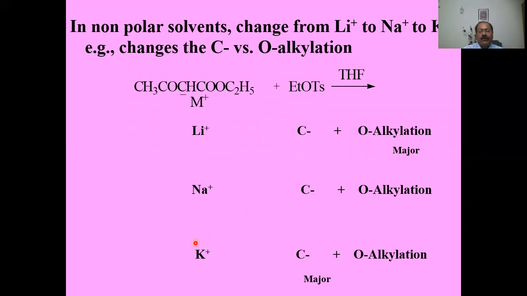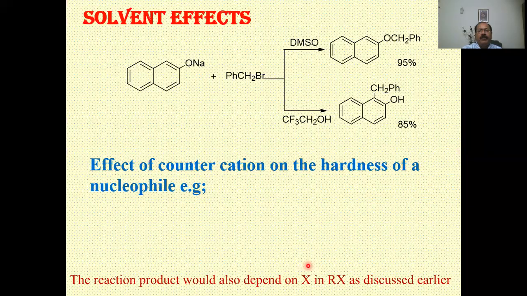And the softer is potassium, and therefore the softer end here will be carbon, which is available and undergoes major C alkylation. So we can see that the alkylation depends on a number of factors. Even the counter cation matters, the solvent matters, and the leaving group matters. And this can be explained via the hard soft acid base principle.